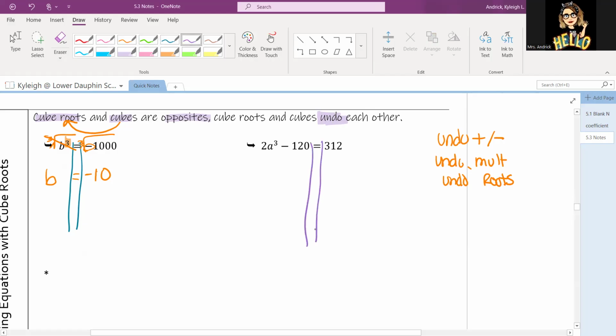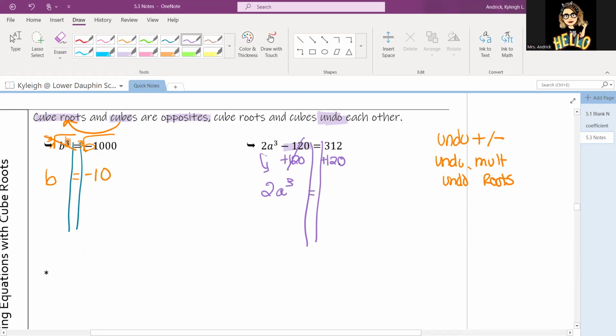What's the opposite of subtracting 120? The opposite of subtracting 120 is to add 120 on both sides. So I'm left with this whole thing, 2a to the third.